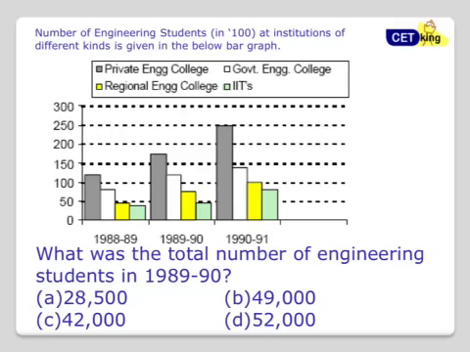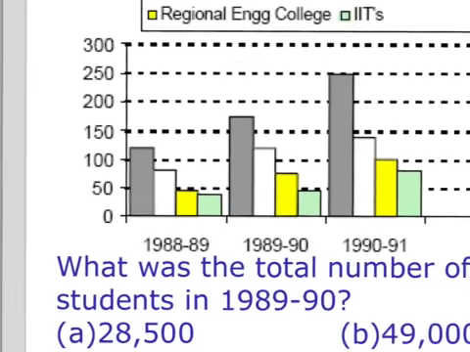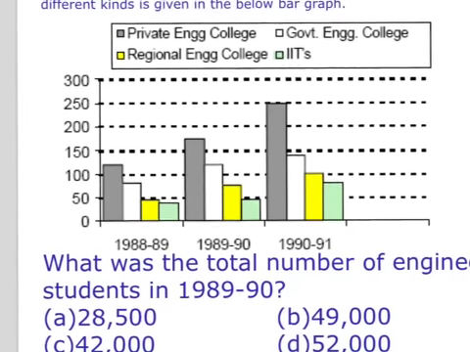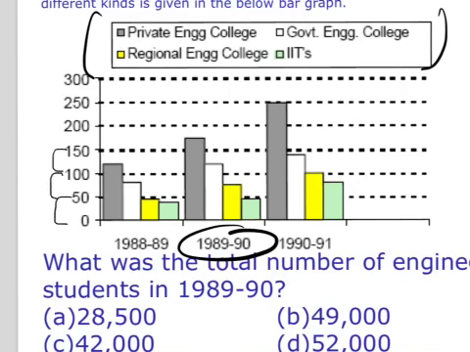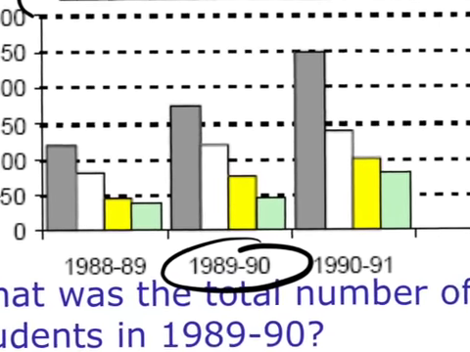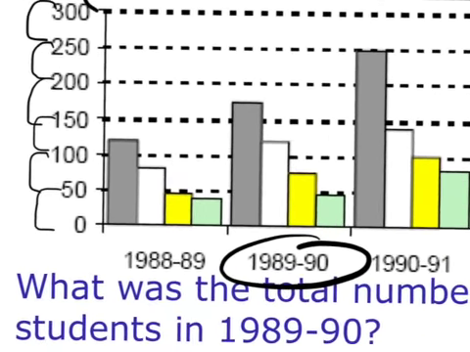Now what I recommend is let's look at a different way of solving this question. The number of all the students is basically the sum of all these four bars for 1989-90. Why are we adding up all these numbers when I can take them in blocks? Each of these blocks is 50. So I can just look at these numbers.